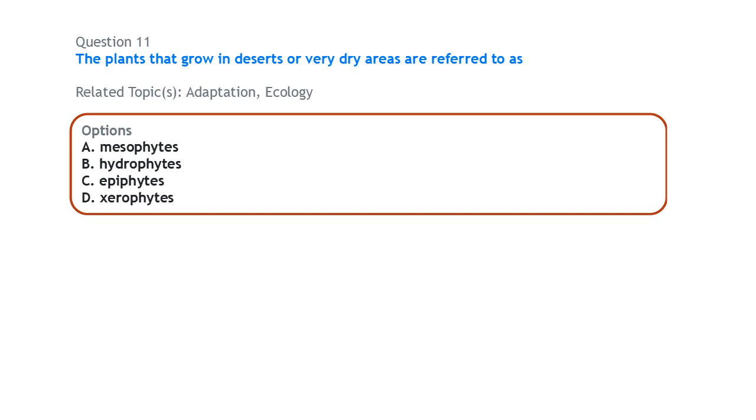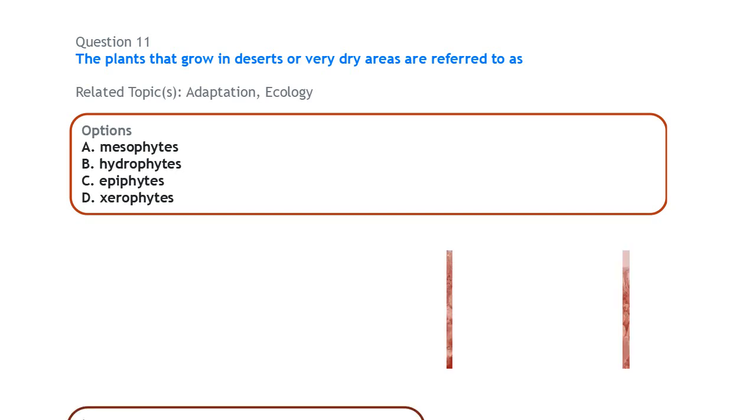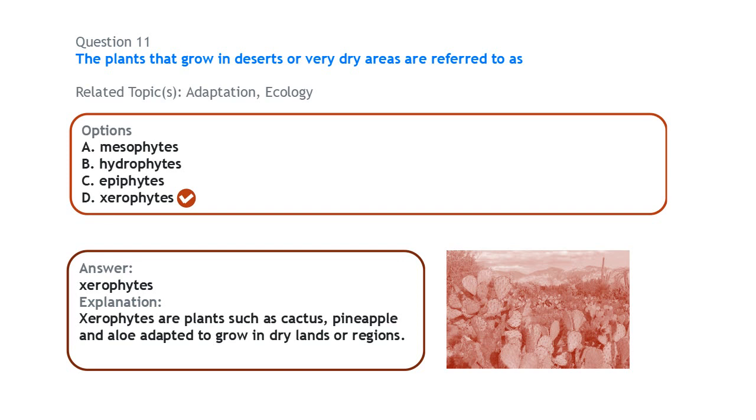But mesophytes, like option A, we want to explain the other options. The mesophytes are those that grow in regions where there is a moderate amount of water. While hydrophytes are those that grow in aquatic habitats, in areas where you have abundance of water.